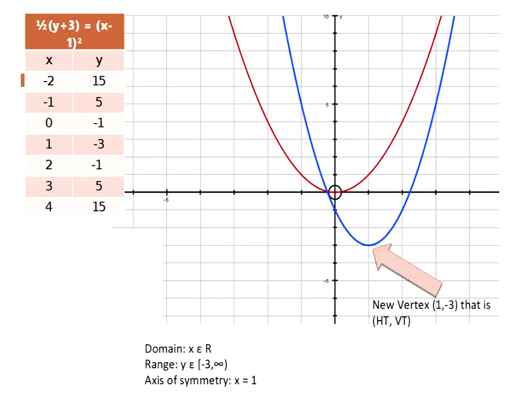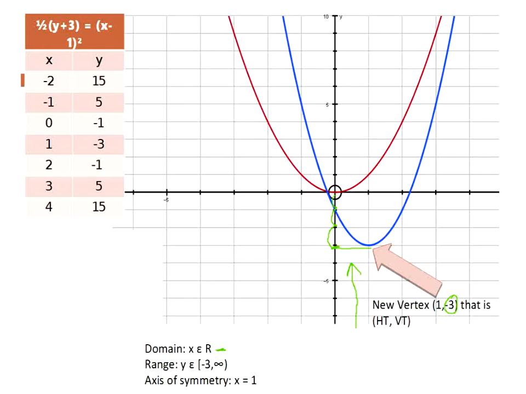And so we can look at the characteristics of this graph, and we see that the domain is x element of the real numbers. Of course, that's always going to be the case for our course. There's not going to be a time where I'll ask you about a quadratic that doesn't have a domain of x element of the reals. The range will change, of course, and we do it the same way. We read from the top to the bottom. I see that the lowest point here, the minimum value of this graph, is y equals -3, which of course is my vertical translation.